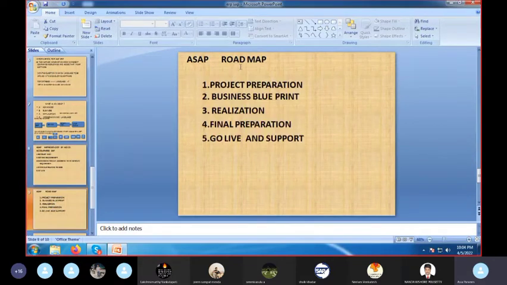Now, SAP roadmap. The first one is project preparation, second is business blueprint, third is realization, then final preparation, go live and support. As we have heard through Chanu sir, project preparation is the first stage where the organizations or businesses going from non-SAP to SAP migration first have a meeting with the client.